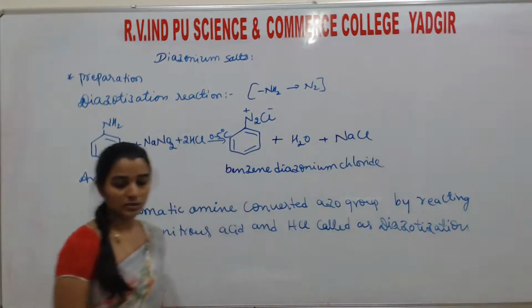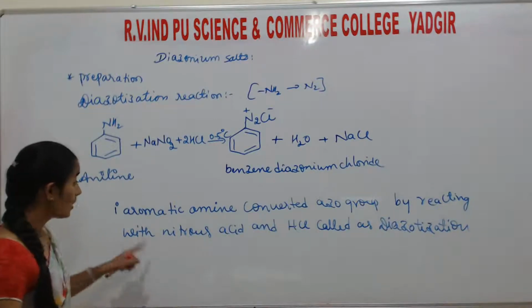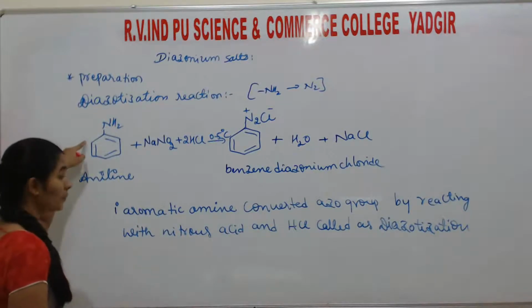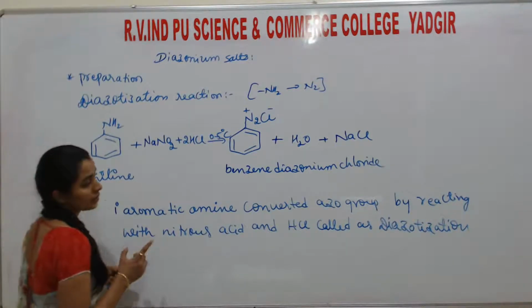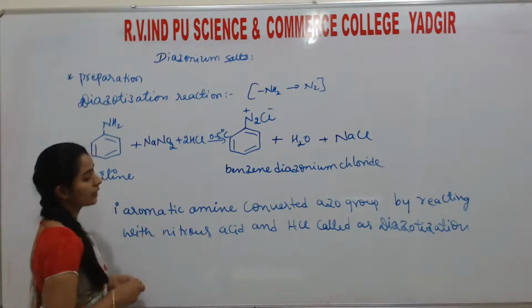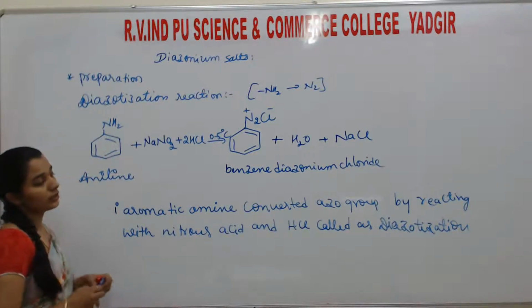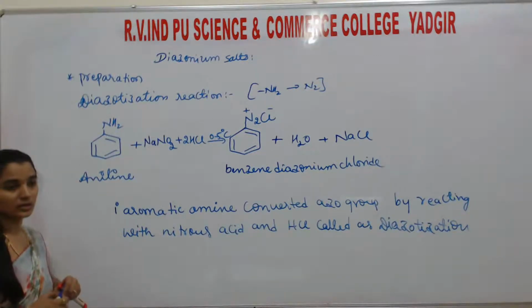Okay, students, so this is the definition. It must be a primary amine. The primary amines converted to azo group by reacting with nitrous acid and HCl, called as diazotization.